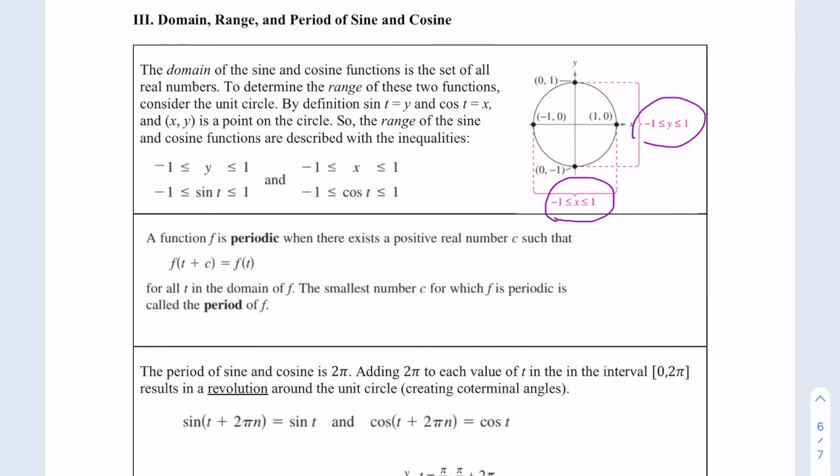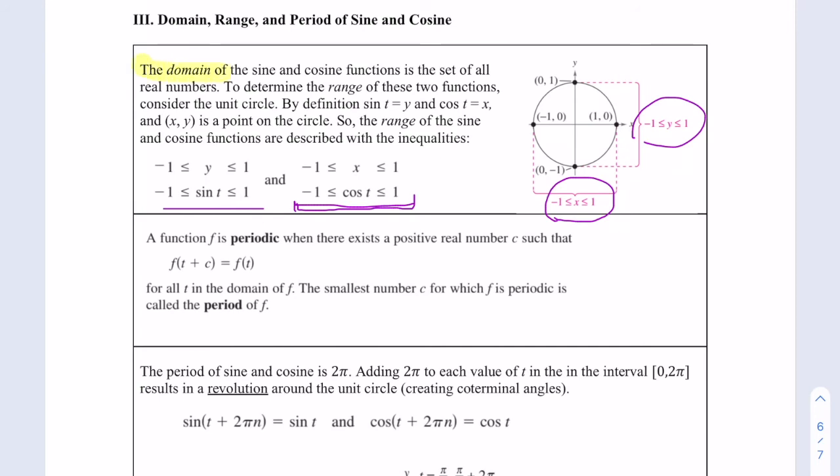But remember, our x value, or our input, I should say, is actually not x. Our input is the angle, t. So we're looking at t and saying, what do we get for our output? So when we look at sine, we're looking at all the y values. And so the restriction on the range for sine is going to be -1 to 1. And when we look at the restriction for cosine, the range of cosine will also be -1 to 1.